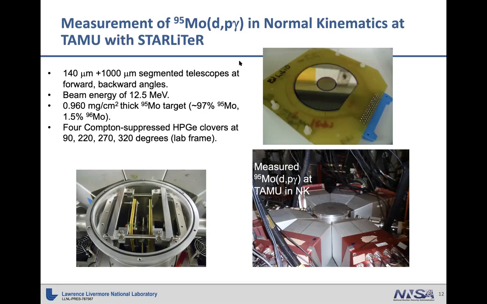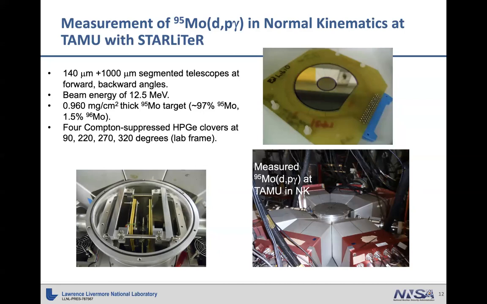And on the front side, they're segmented into 48 rings, and they're ganged together into pairs of 2. So you read out 24 channels on the front side, 8 channels on the back side, and you get azimuthal and angular position from this. Then this is surrounded by up to 6, but in our case 4 Compton suppressed high purity germanium detectors, and you can see a photo of that down here.